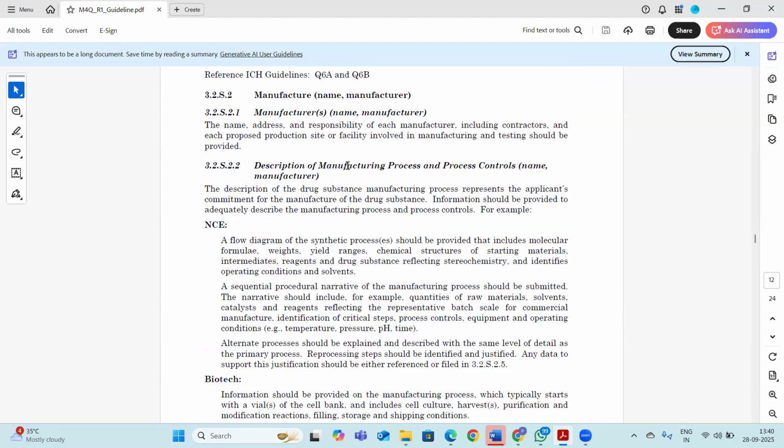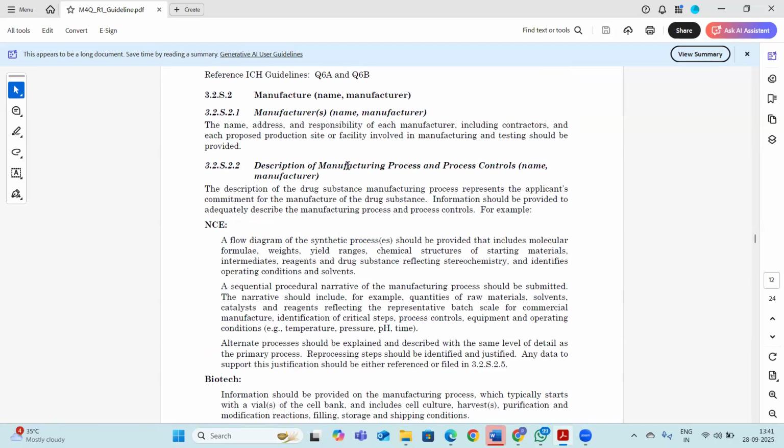Take for example, the API is being manufactured by a certain manufacturer, its packaging is being done by another manufacturer, the raw material is being procured by another manufacturer, the stability testing is conducted by another manufacturer.